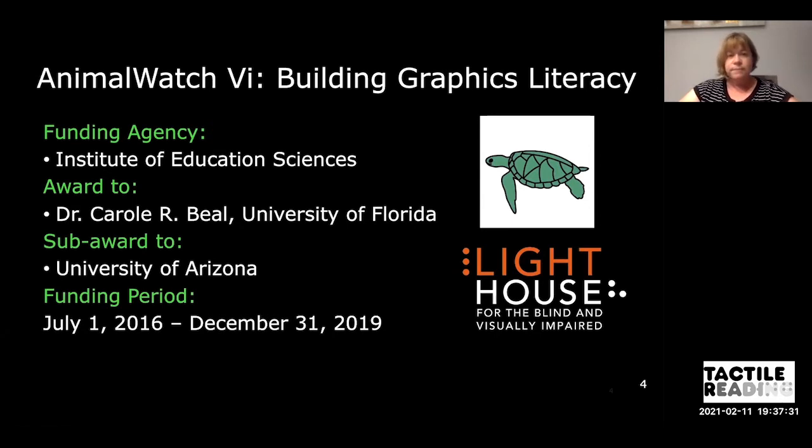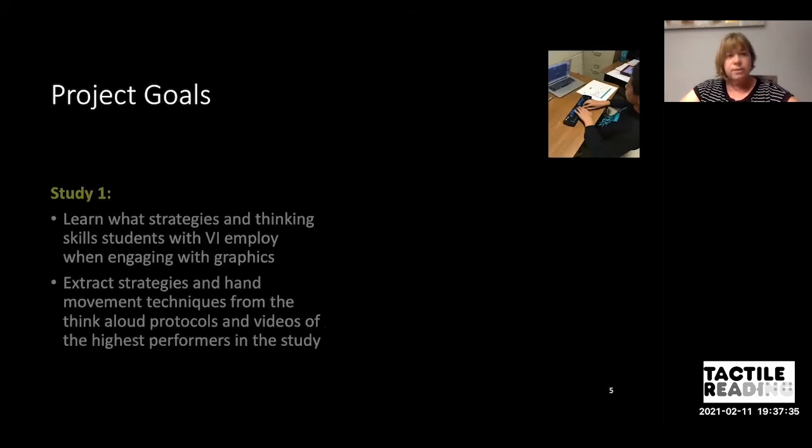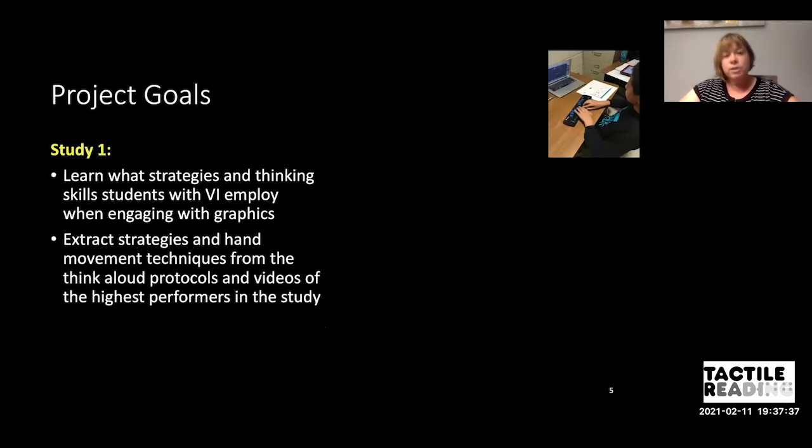The project goals for both of these studies included, in study one, learning what strategies and thinking skills students with VI employ when engaging the graphics, so getting an understanding of what they're actually doing, and then looking at the highest performers and extracting out their strategies and hand movement techniques so that we could learn about ways that we could teach students that were struggling more to improve their efficiency.